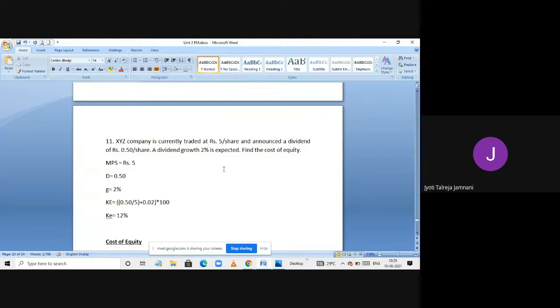Any other doubts, anybody? This was the dividend approach. I hope all of you are getting it and you've copied it down. If any doubts you can ask, otherwise I'll move to the CAPM model.